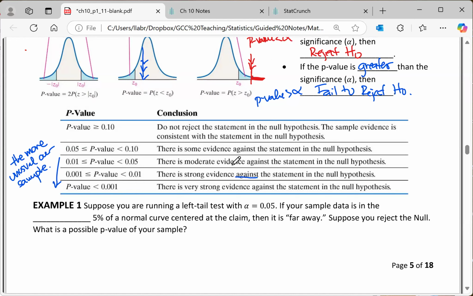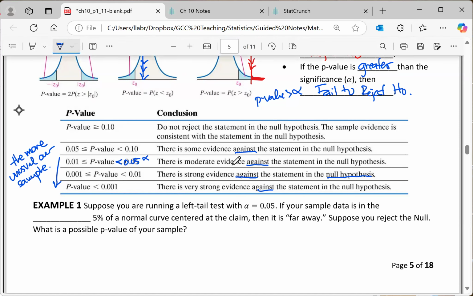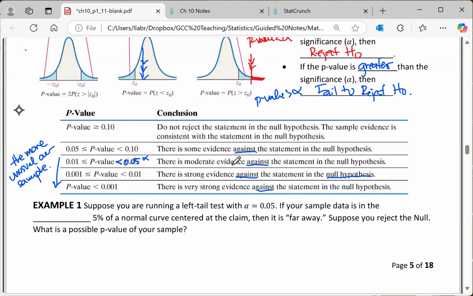So all of these are against the null hypothesis. Okay, so for a very small p-value, more precisely, any p-value that's less than 0.05, we're going to say is significant. Obviously, 0.05 is the level of significance, alpha, and the default is 0.05. So you can see that if your p-value is greater than alpha, then we're not going to be able to reject the null hypothesis, because we're getting something like this.